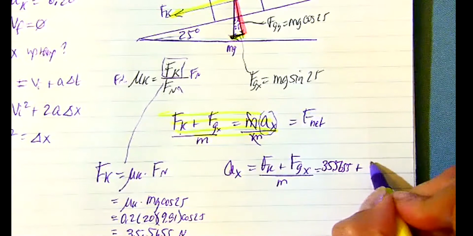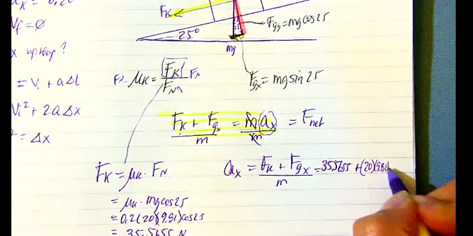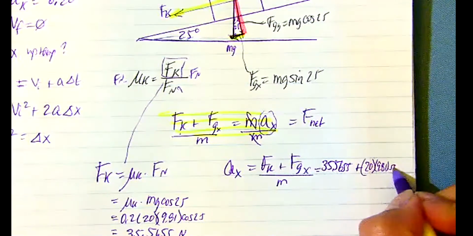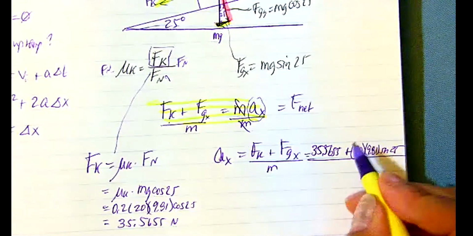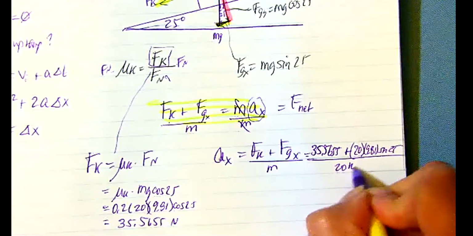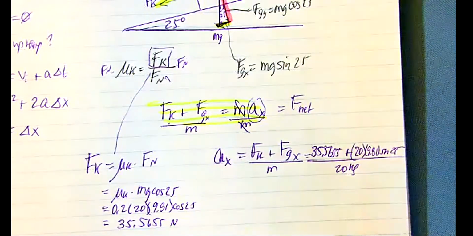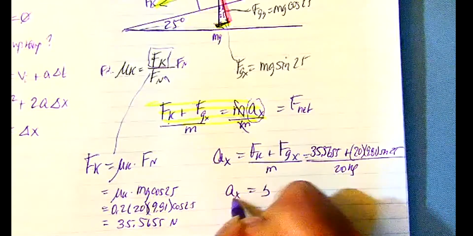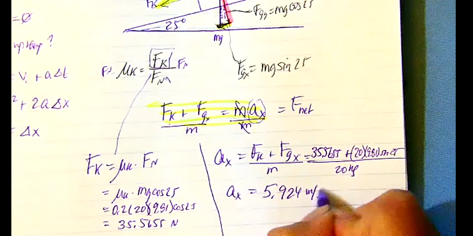So I'll write 20, that's my m, times 9.81 times sine of 25, and all that divided by m, which is 20 kilograms. When I punch that out, I get ax is 5.924 meters per second squared.